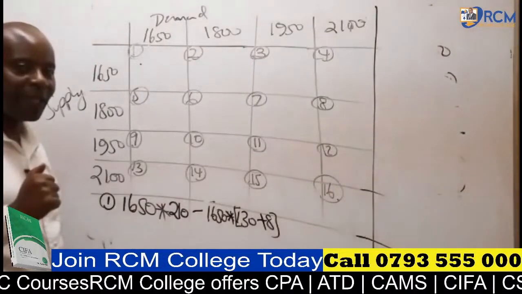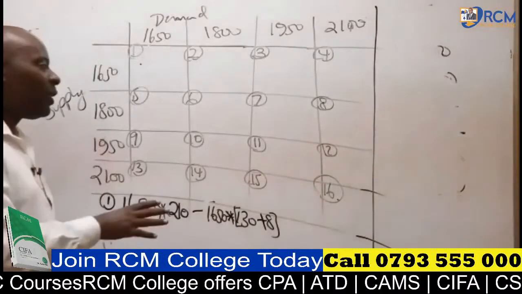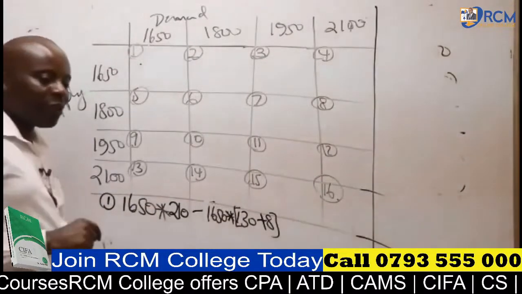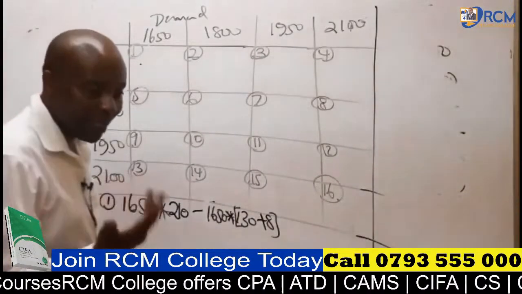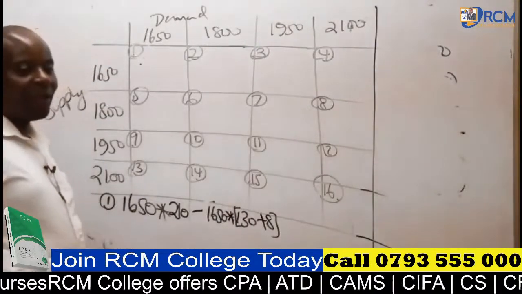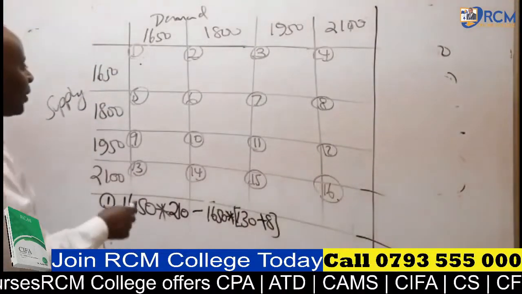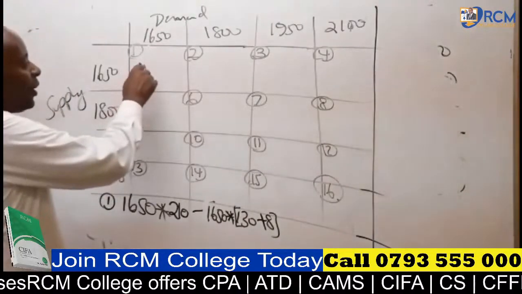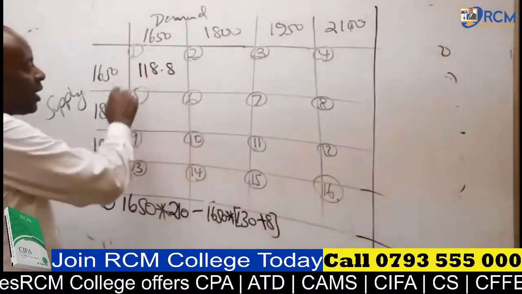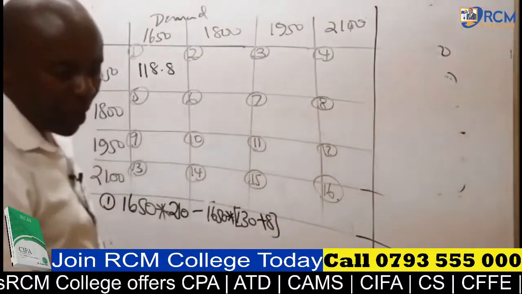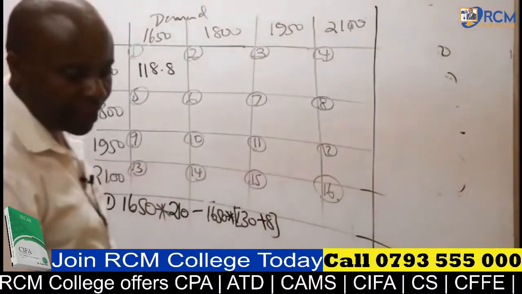But for a payoff table, whichever unit you bring on board, at the end of the day we must have it being held. So in this case, somebody is giving me a figure of 118.8. I want my figures in terms of thousands. So Mengich tells me 118.8. Thank you very much.